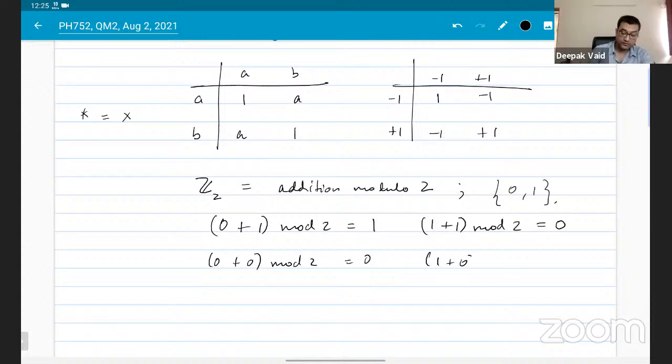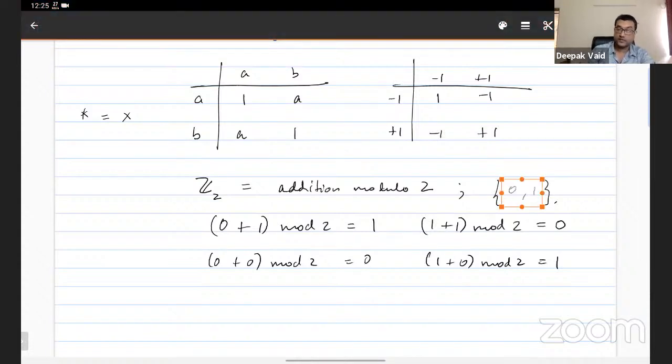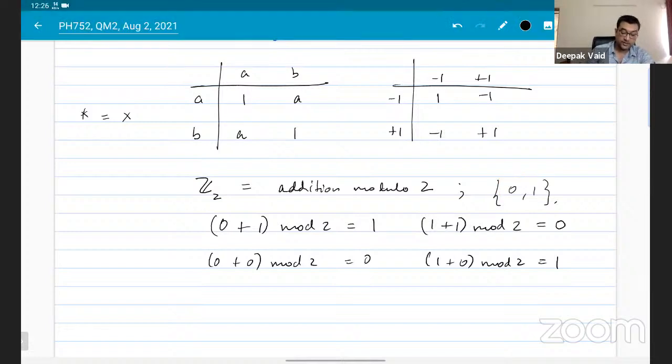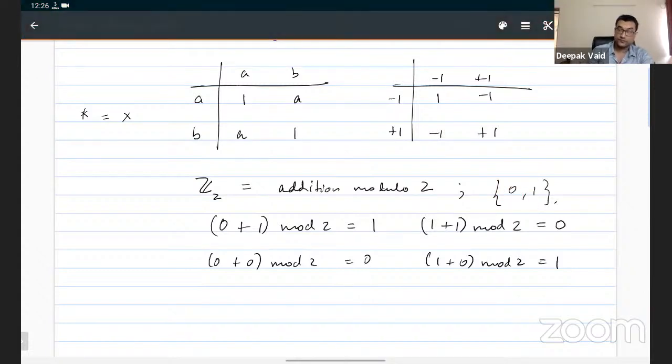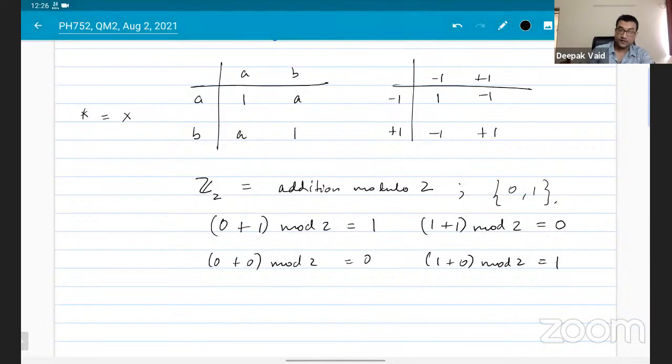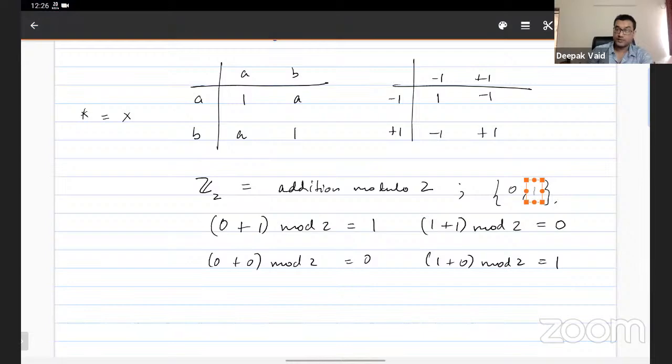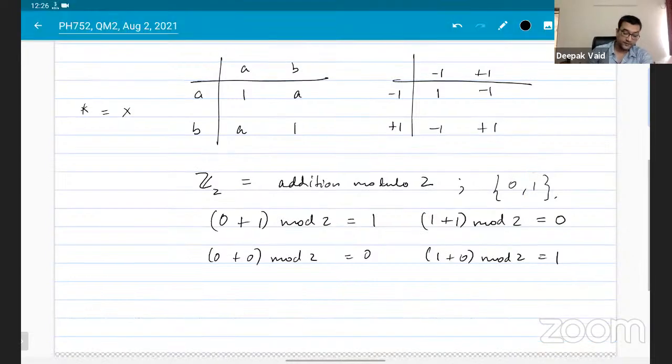And 1 plus 0 mod 2 also is 1. Right. So these 2 elements with addition modulo 2 as the group operation form a group. Right. The identity element is again 0. Right. And the inverse of an element: here the inverse of 1 is just 1 again. Right.